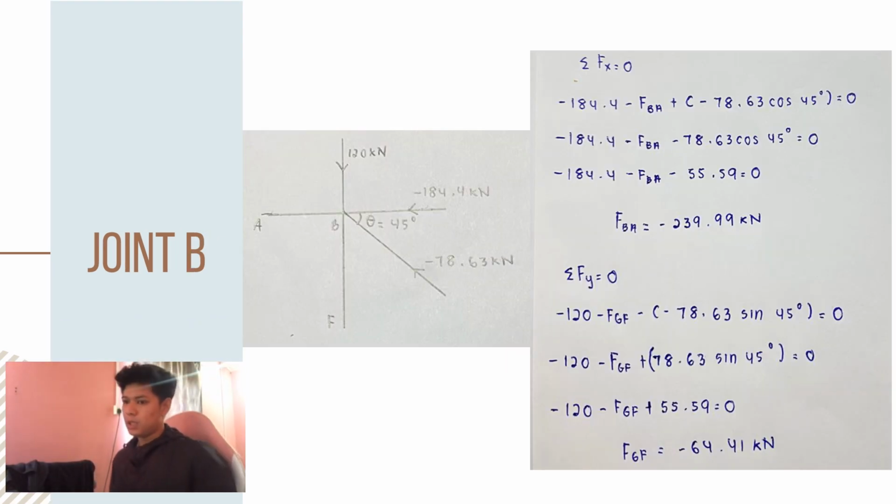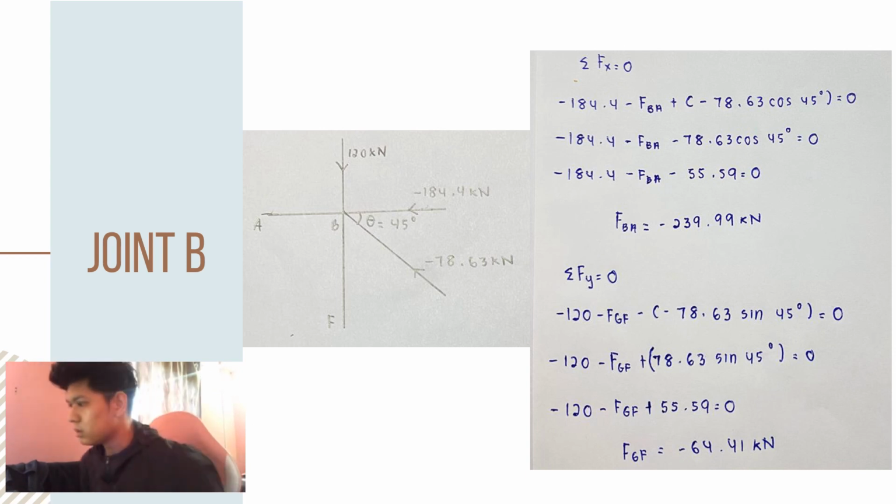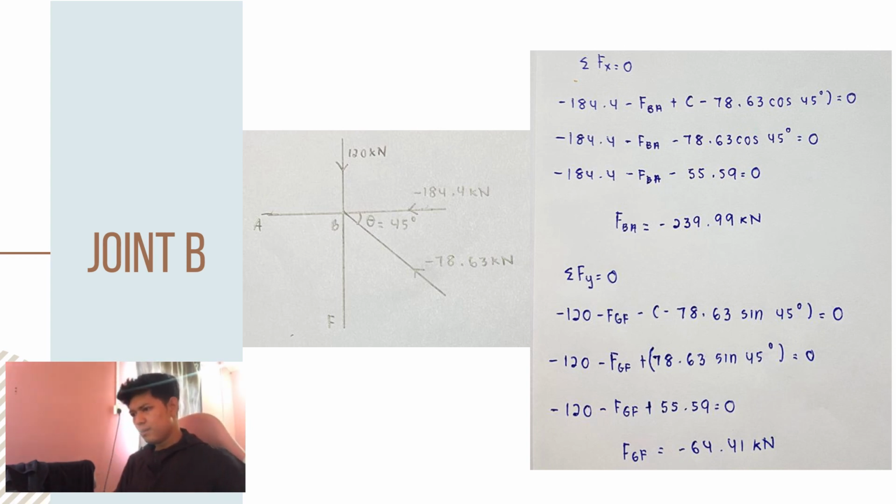So next, I would like to continue my part, which is to find joint B. We use the same method like joint F. At the y-axis we have 120 kilonewton and theta 45 degree.